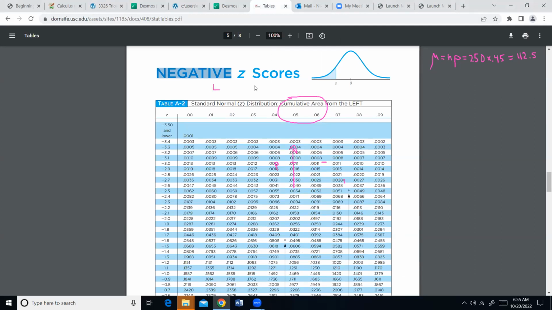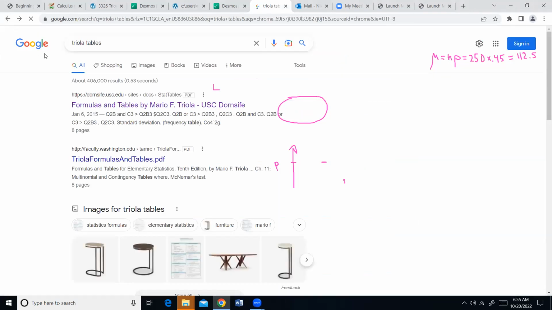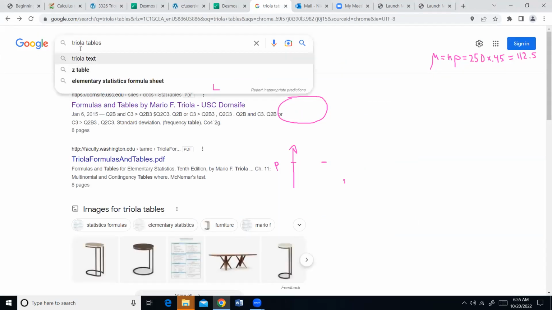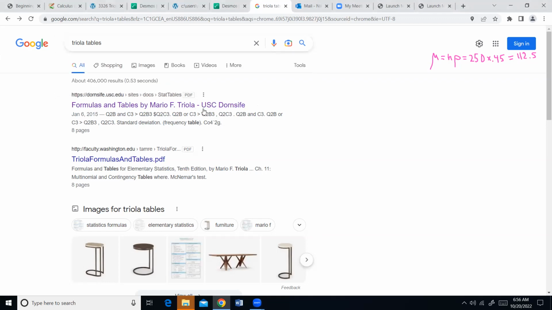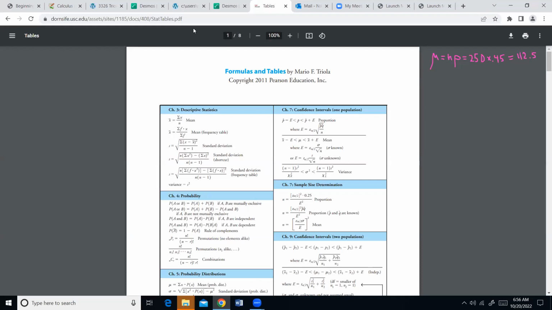So tables that look like that, and these tables you can easily find by typing Triola tables in the Google search, and it's free tables. If you purchase the hard copy of the textbook, then this will be an insert, but you could just type Triola tables and it's always available for free online. I can also put the link to these tables in the chat.